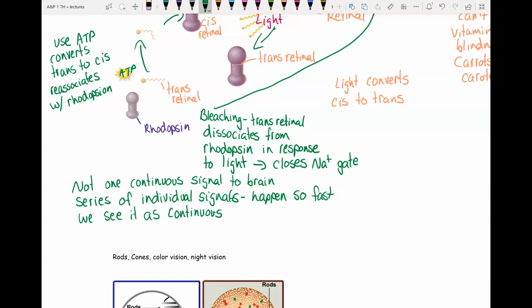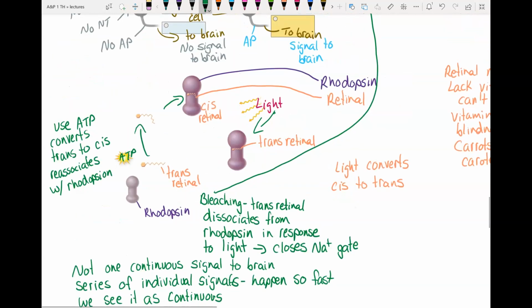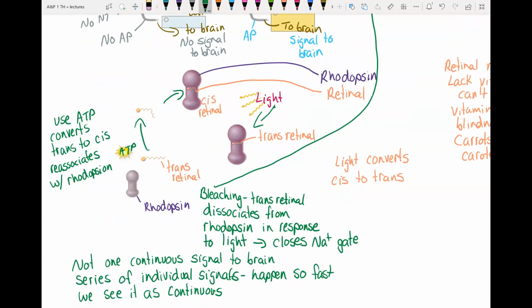It's like the old-fashioned cartoons where artists would actually sit and draw page after page after page, where each page was just slightly different, and then you flip through those pages so fast that it looks like continuous movement, but it's actually a series of individual ones. So now, once you get to this point, then you are ready to repeat.